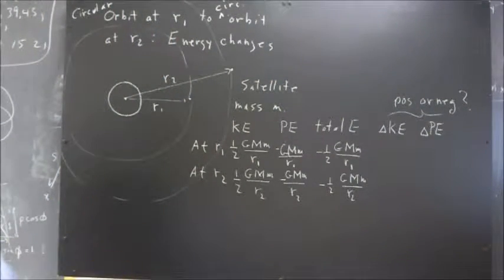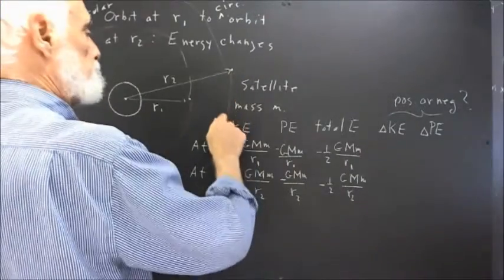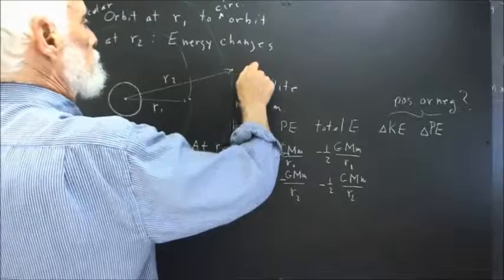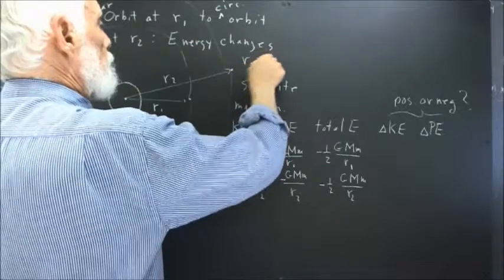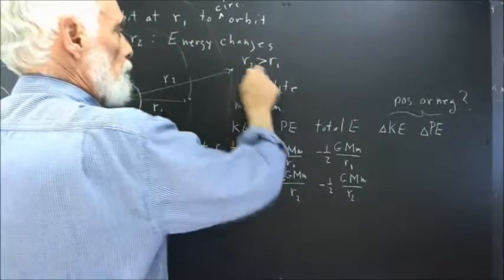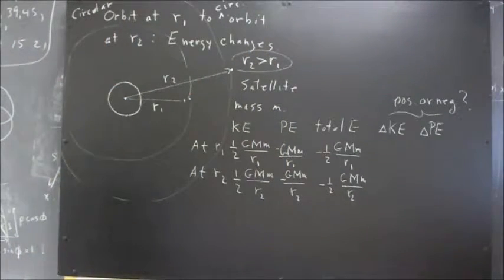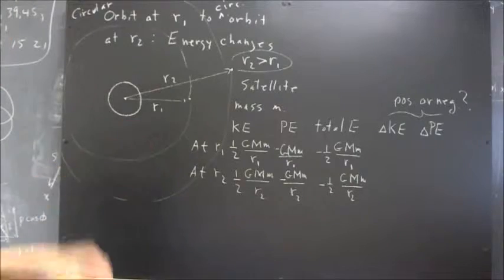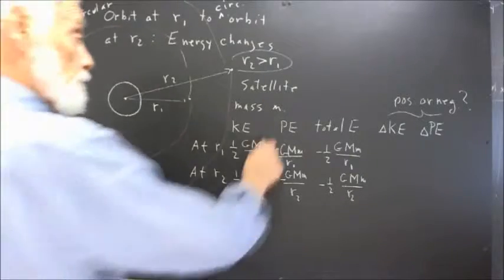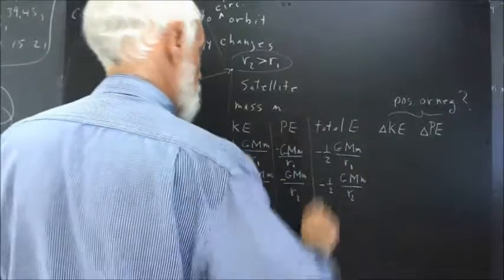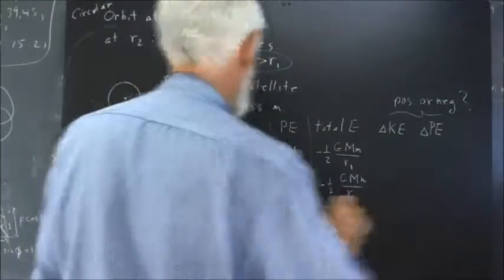Work this out. Think about it. Okay? And we're assuming, of course, that R2 is greater than R1. Make that explicit. It's kind of implicit from the picture, but pictures don't always represent things exactly the way we intend. Okay, so what do you think are the changes in the kinetic and potential energy?